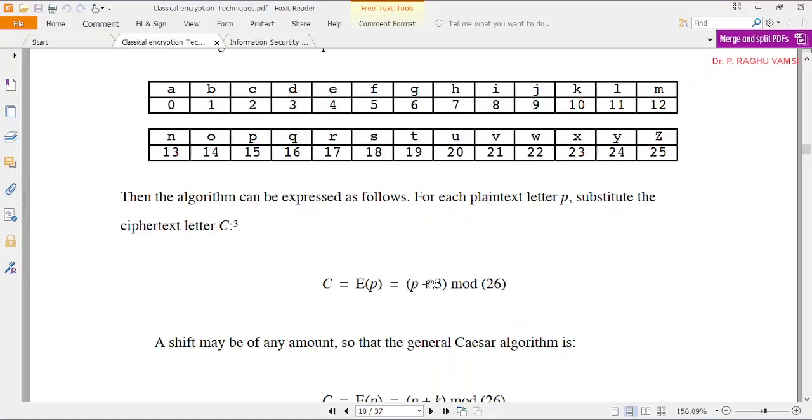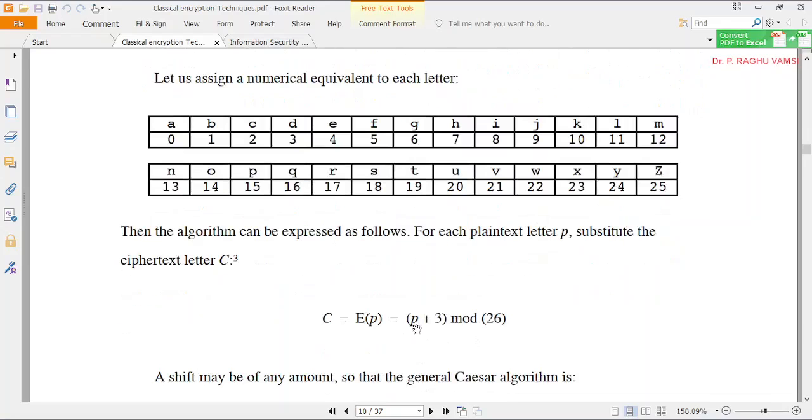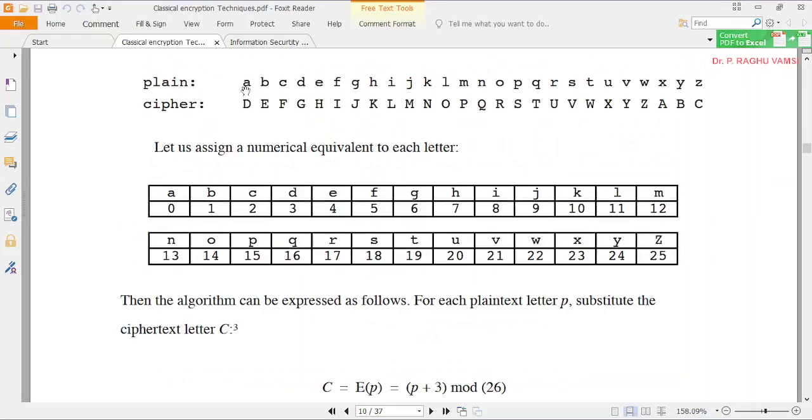Whatever character you want to convert into cipher will be incremented by 3 and taken modulo 26. So whenever you want to send A, then 0 plus 3 is 3, mod 26 is 3 only. So the corresponding character for 3 is D. Wherever A is there, it is replaced with D.